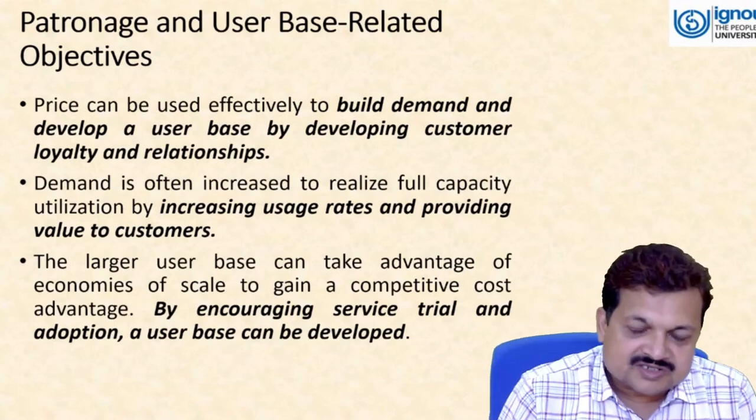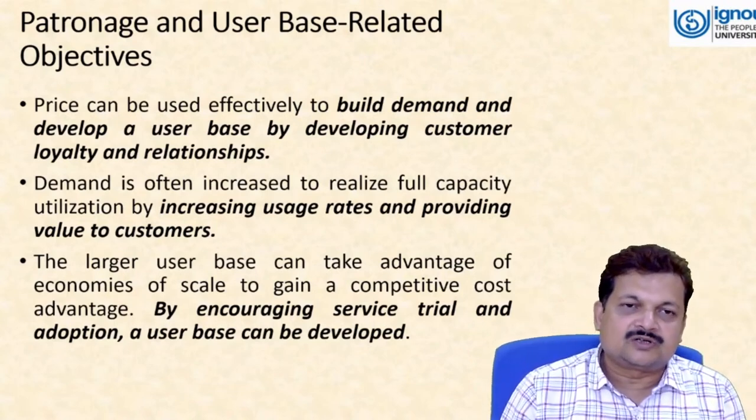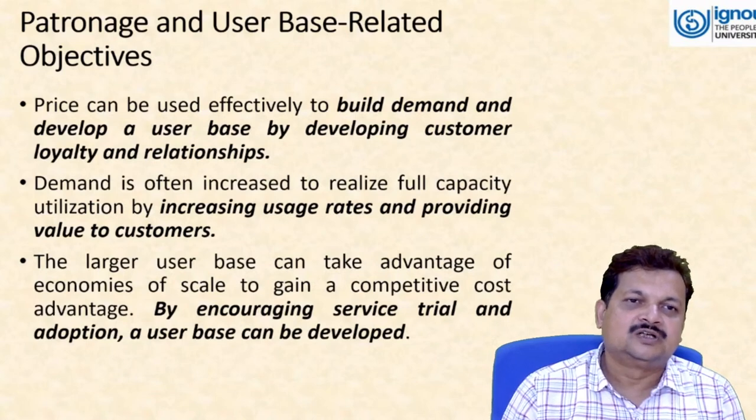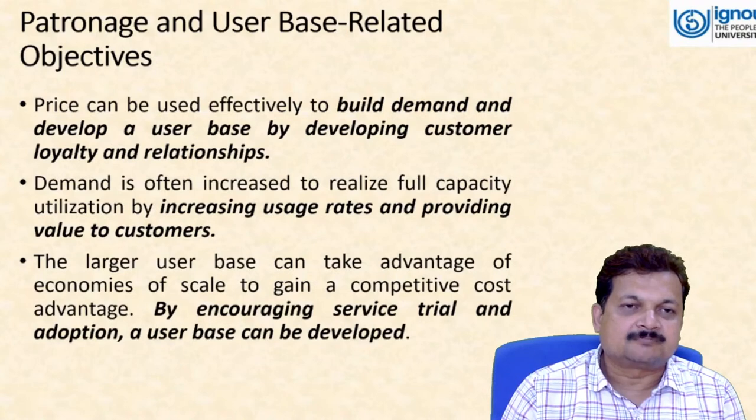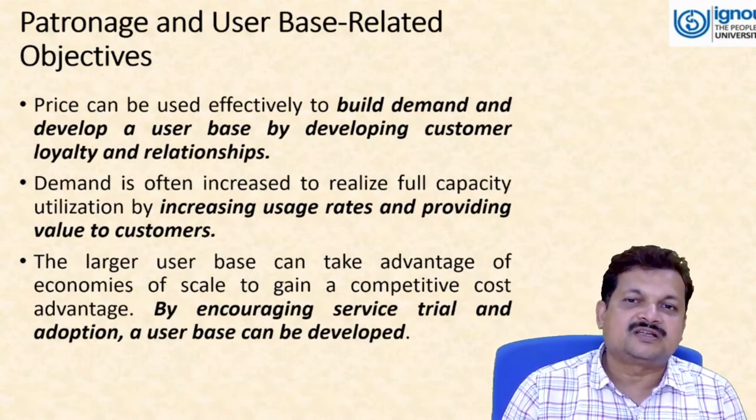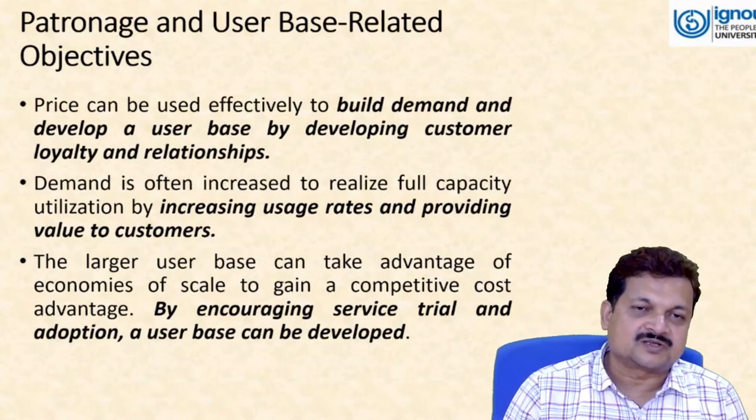Earlier, Horlicks targeted the entire family with only a single flavor. Today there is Horlicks for children, Horlicks for women, Horlicks for diabetic people, like that. So by this process the usage rate is increased, and a number of people are consuming.